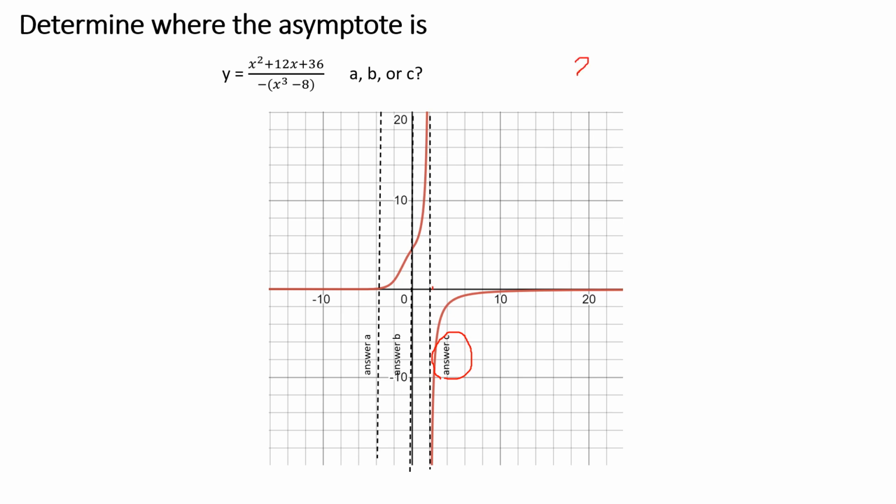Because if x is 2, 2 cubed equals 8. And 8 minus 8 here, there's a negative on the outside. We've got to do everything on the inside first. 8 minus 8 is going to equal 0. And I have a 0 in the denominator. The expression cannot have 0 in the denominator.